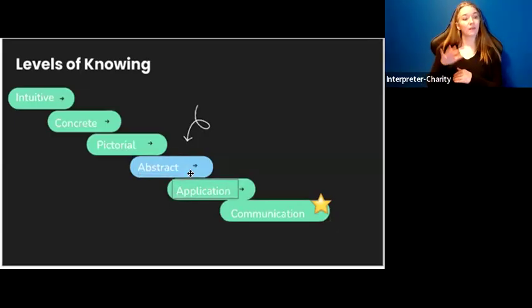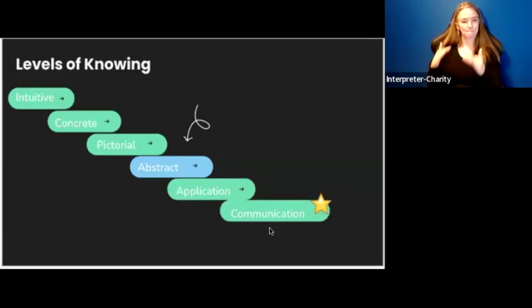The fifth level is called application, and that is where students begin to take those equations that they created in the abstract level and apply them to context scenarios presented in real-life types of situations. Sometimes our word problems represent this, but they should be something contextual to life, to living, and where we would use that equation.